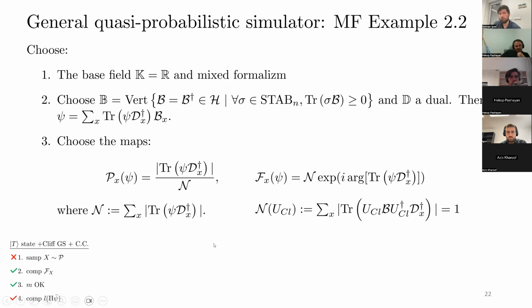I'm going to say one more two-cent comment. If we now consider how to transition from the initial state, which is maybe some magic states, and we want to do that jump from the input state to a frame operator, then we again need to sample.